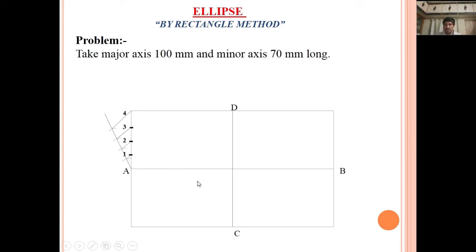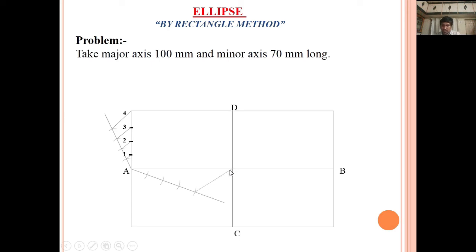Same procedure for this 50 mm line. Take some angle and draw a line, and here we get 4 equal divisions. The last point of this line is connected with the end point of this line.